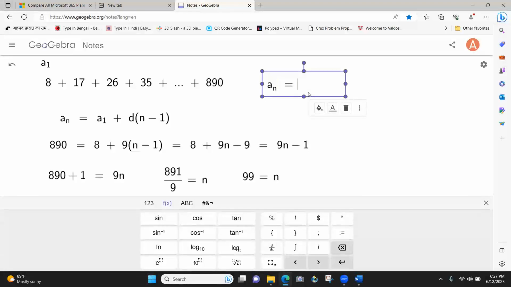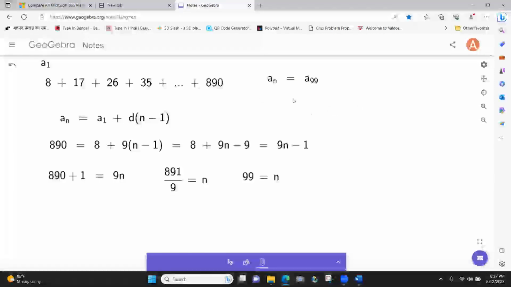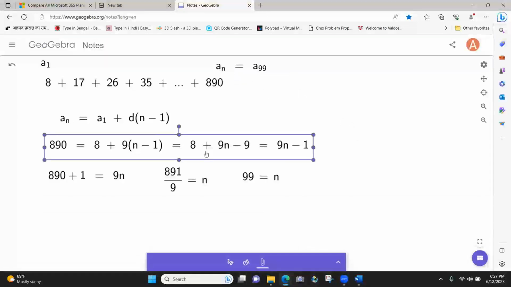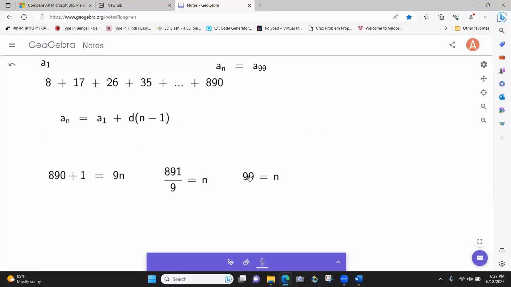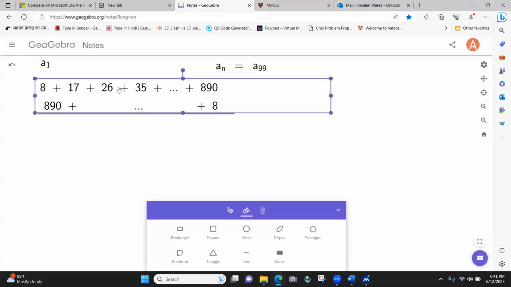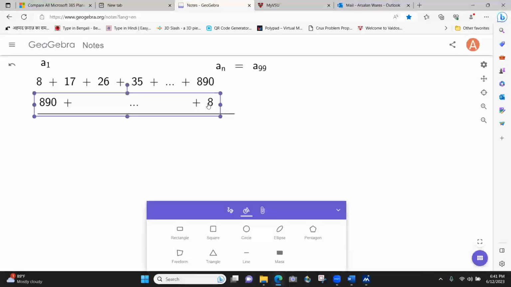99, a subscript 99. Now I'm going to use Gauss. Now I need more room, so I'm going to delete all this. So what I have here, I know the term 890 is the 99th term, not 98. So I'm going to write the whole thing in reverse order as follows.